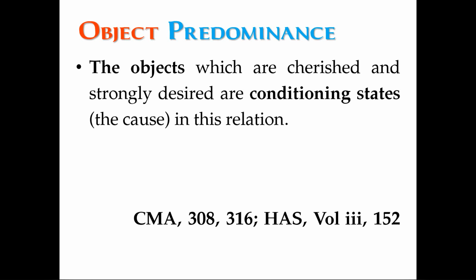When you see something very beautiful, very handsome, it attracts you. When you hear a beautiful song, you strongly desire it, you know? When you eat good food, strongly desire. So these are called predominance. So they are conditioning states.